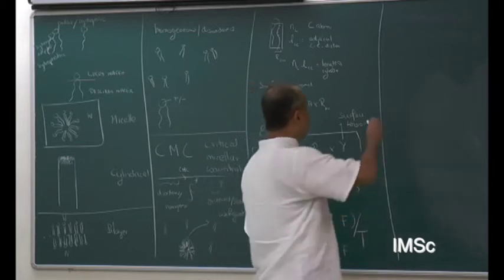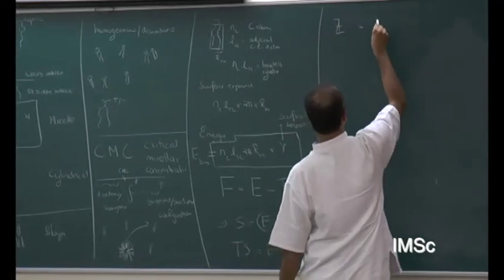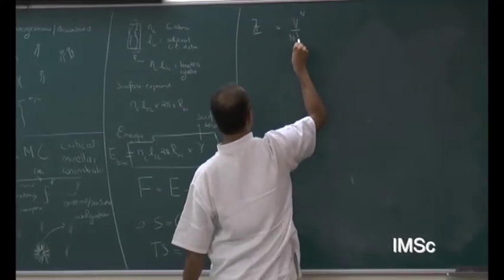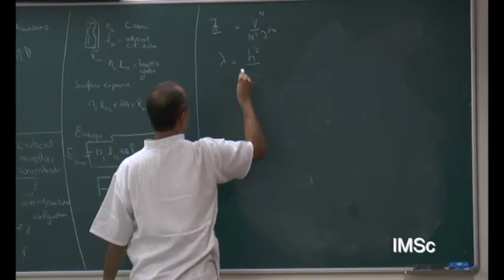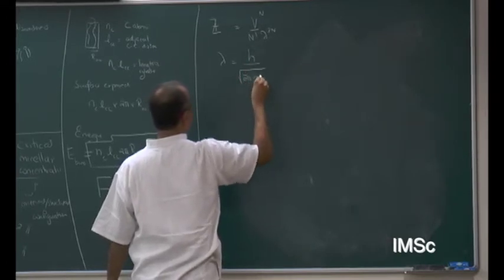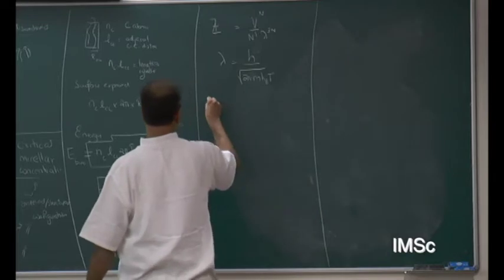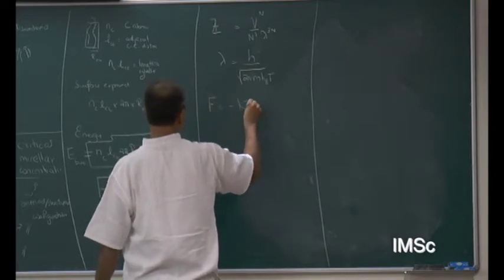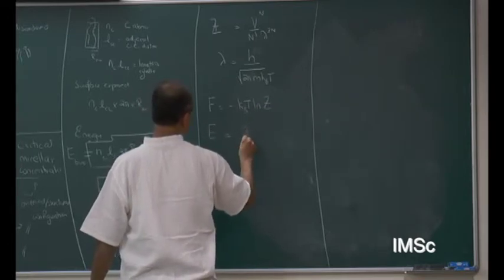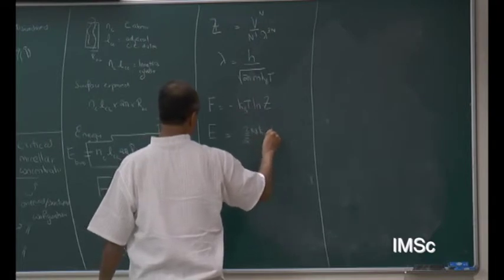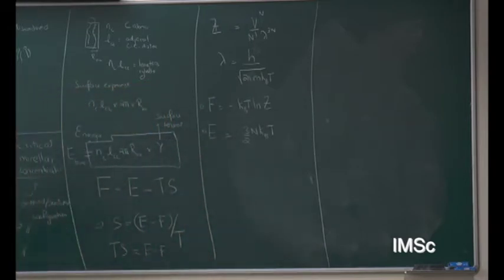So remember that we calculated the partition function Z initially, and we found that Z was V to the power N divided by N factorial lambda to the power 3N, where lambda took the form h over the square root of 2 pi m kB T. From here, I got F equal to minus kB T times log Z, and the energy E is of course just 3/2 N kB T. So I have all the ingredients I need to find F and the energy.